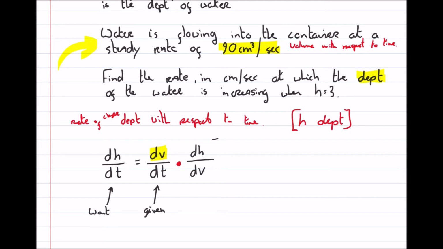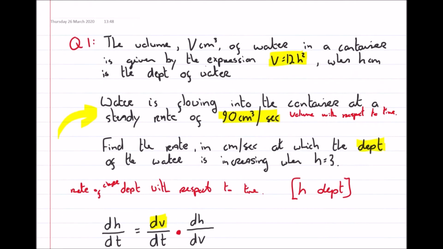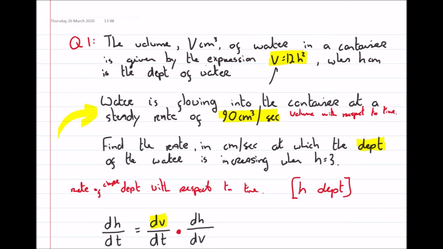Right, so what does this say? It says we need a function which will give us the height or the depth in relation to v, which is its volume. So have I any function that will give me the depth in relation to the volume? Let's see. Let's back up here. Well, I have a function that will give me the volume in relation to its depth.